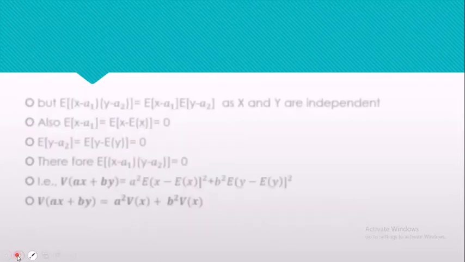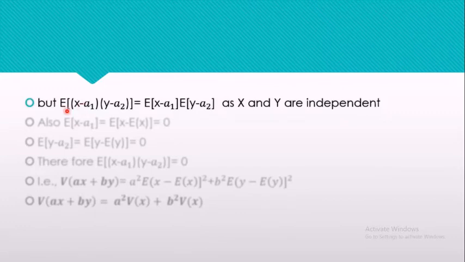So let's have a look. In the third term, I'm not going to consider 2ab since it is a constant. So I'm going to take expectation of (x minus a1) multiplied by (y minus a2), which is equal to expectation of (x minus a1) into expectation of (y minus a2).